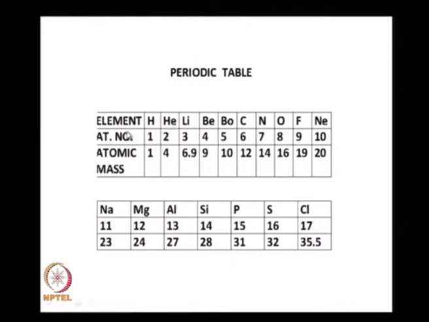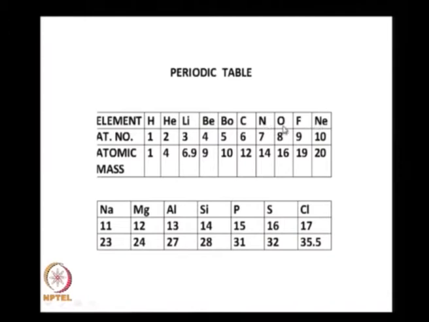The next is helium, atomic number 2, atomic mass 4. Next is lithium, number 3, the mass of the lithium atom is 6.9, beryllium 4, atomic mass is 9, boron 5, the atomic mass is 10, and so on, carbon 6, 12, and so on.